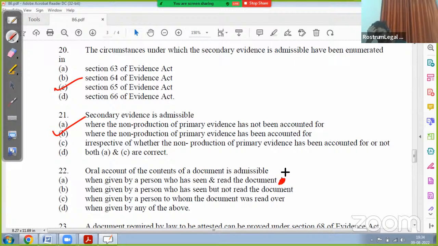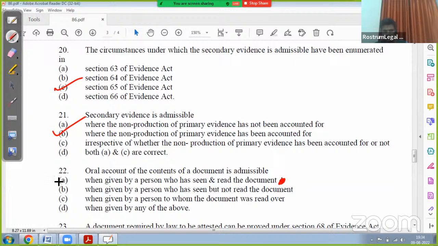Oral account as to the contents of document are admissible only when it is given by a person who has seen and read the document. Not the person who has seen the document and not read the document. Not when given by a person to whom the document was read over. Option D, when given by any of the above, means all of the above.